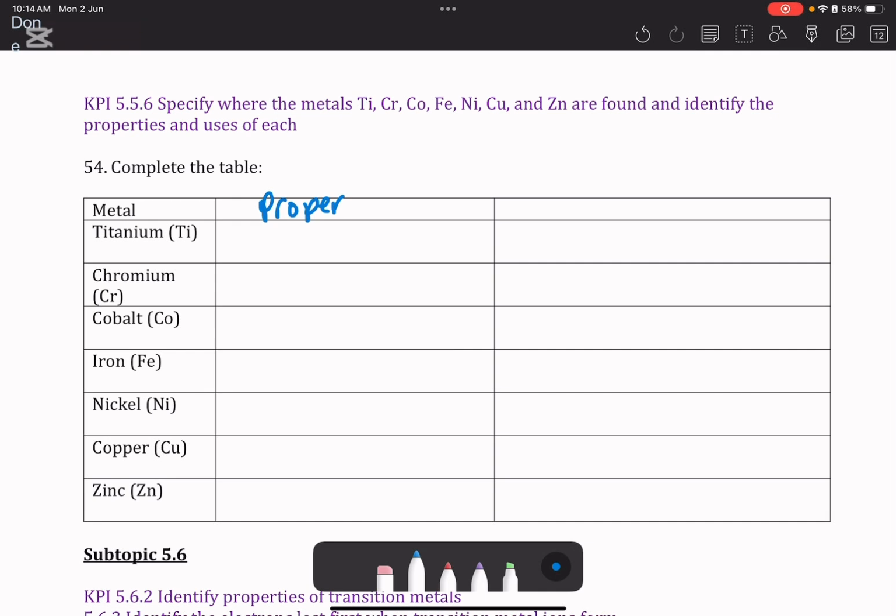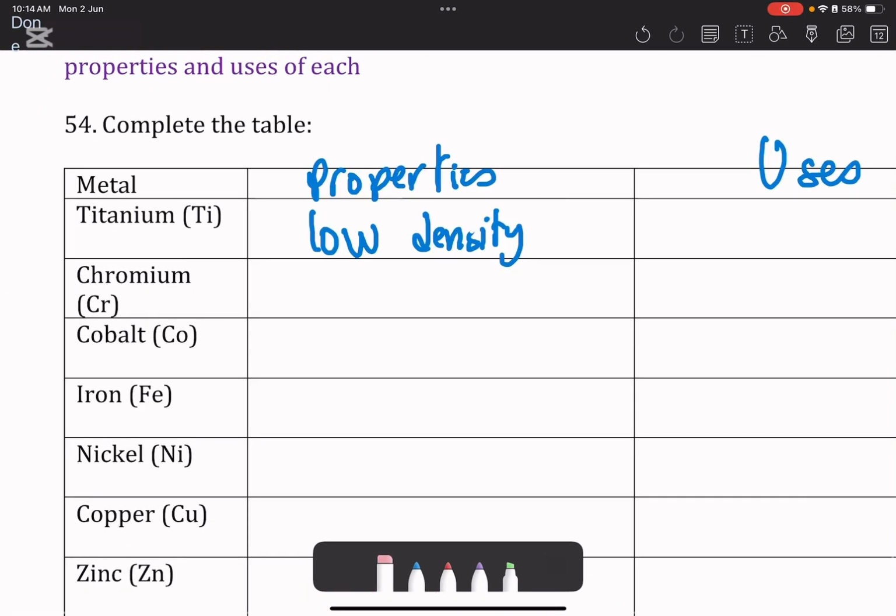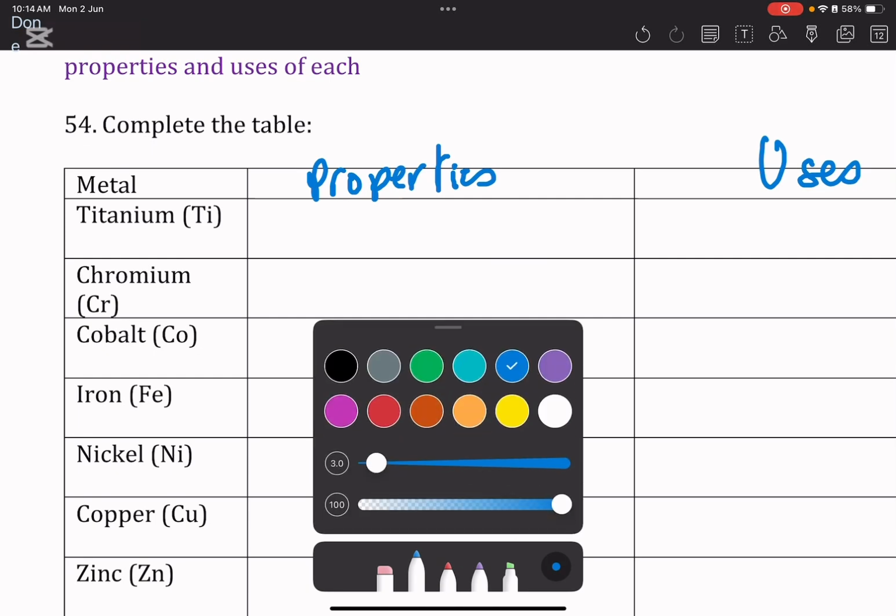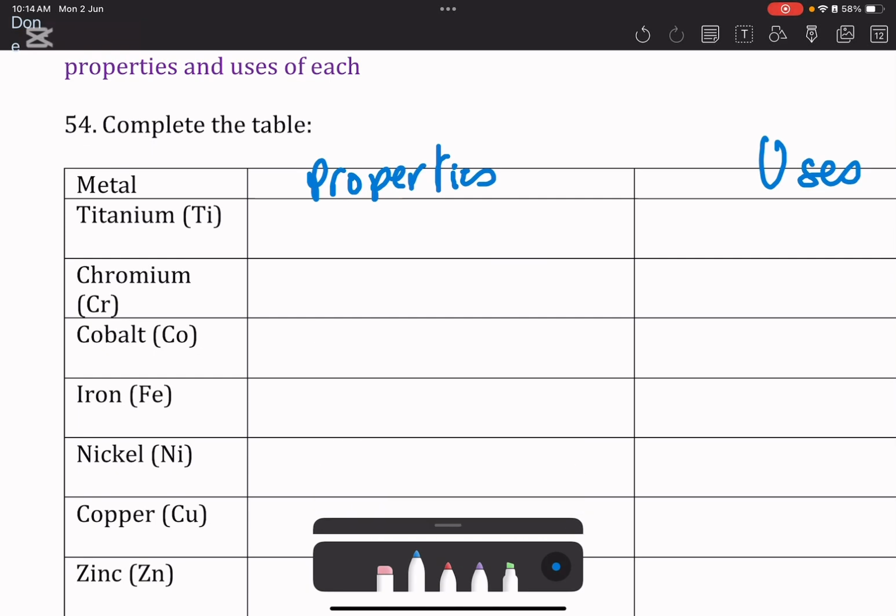Complete the table. Here we need to talk about the properties of metals and their uses. So, titanium, low density. God be with you in memorizing these. Titanium is used in hip surgeries, so definitely it resists corrosion.